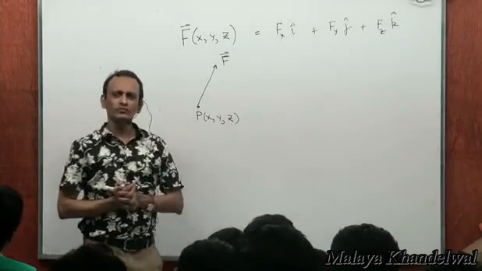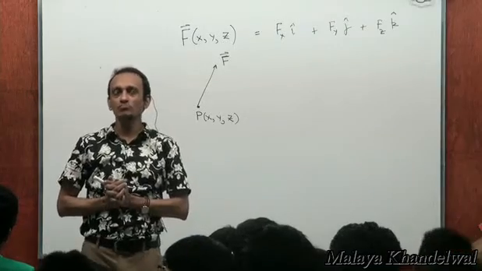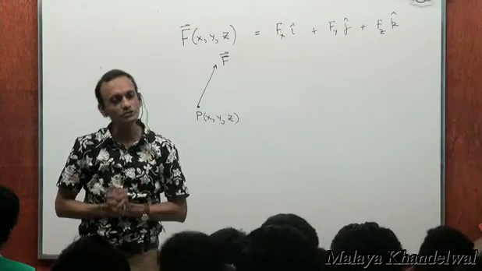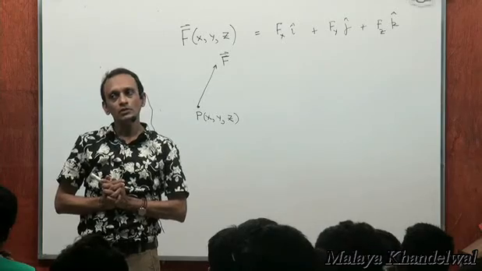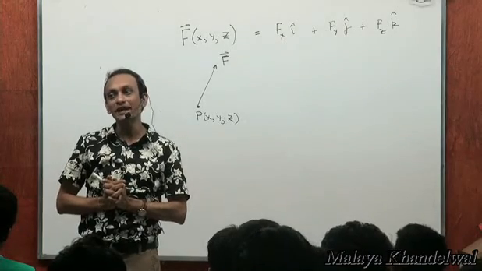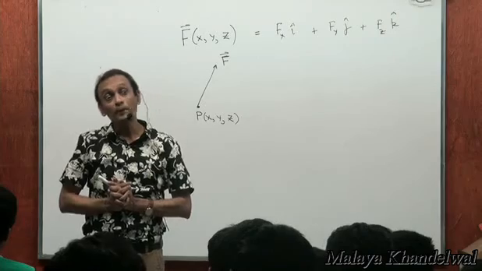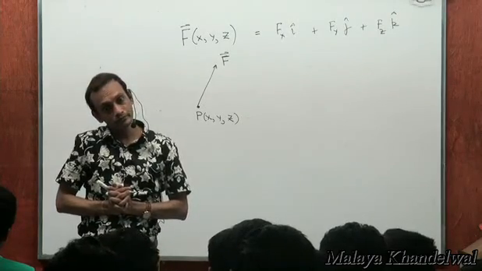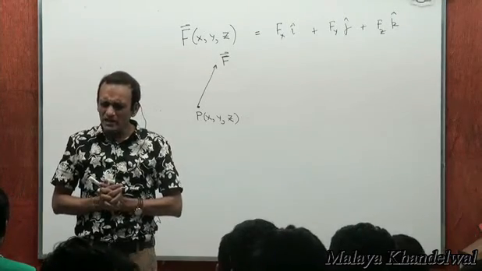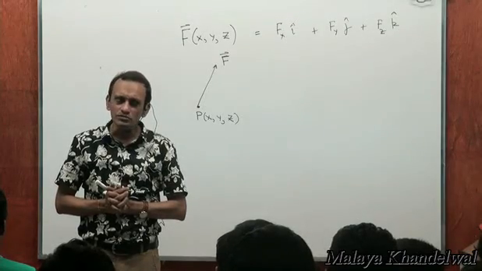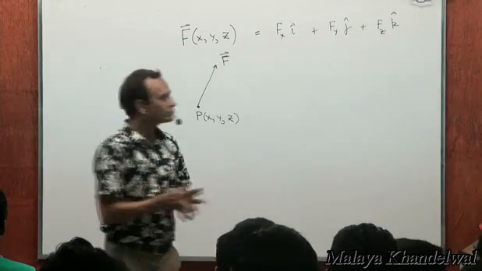Now, what I do is, I mentally imagine the particle to be displaced parallel to the x-axis. If the particle is displaced parallel to the x-axis, y and z don't change. Yes or no?